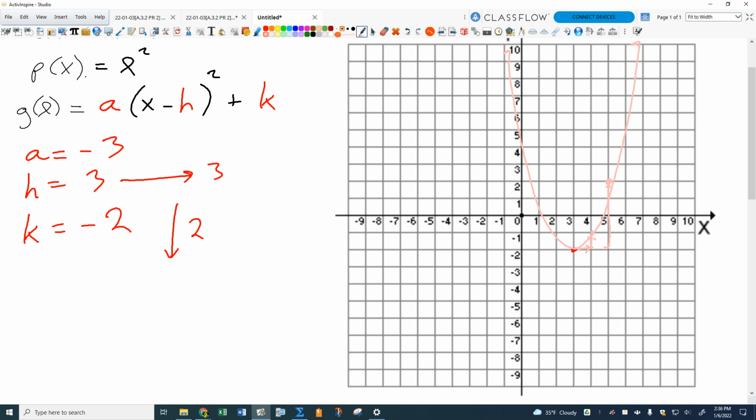So I'm going over 1 and up -3, meaning down 3. Over 1, down 3. Over 2, and instead of going up 4, I'm going to go over 2 and up 4 times -3. I'm actually going to go down 12, right?